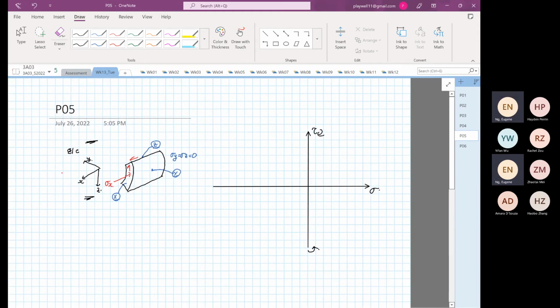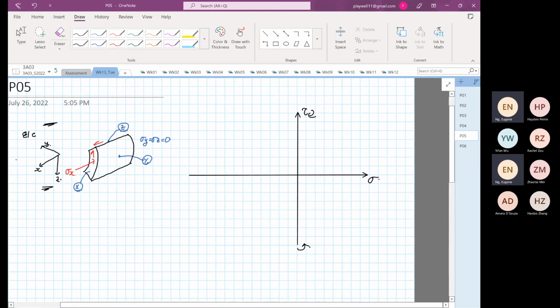So we are just going to use this transformation over here to sketch our Mohr circle.